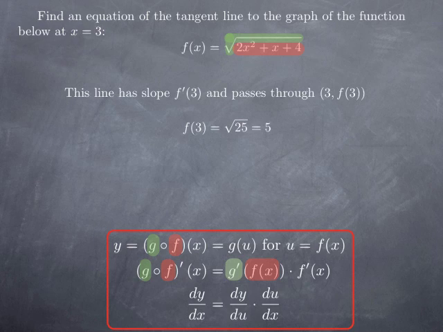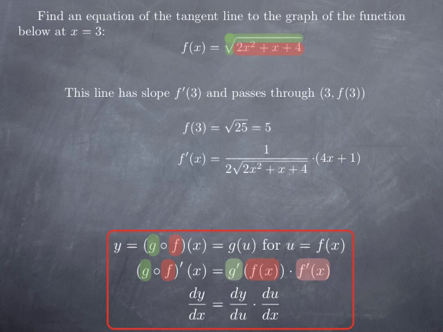Derivative of the square root is 1 over 2 square root. We evaluate at the function inside, so we get 1 over 2 square root of 2x squared plus x plus 4. But then we have to multiply by the derivative of the function inside, in other words, the derivative of 2x squared plus x plus 4. This derivative is 4x plus 1. So this is how we obtain the derivative of our function.